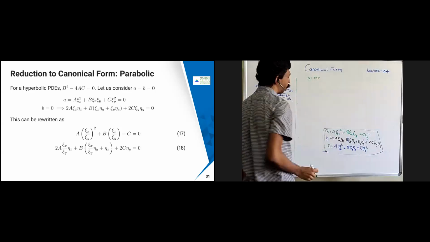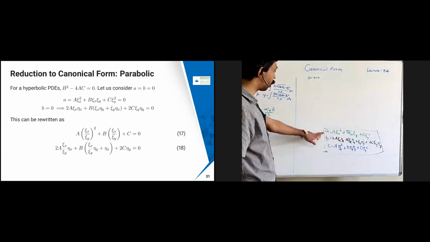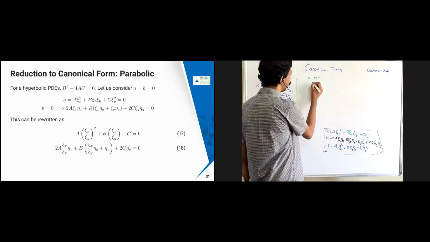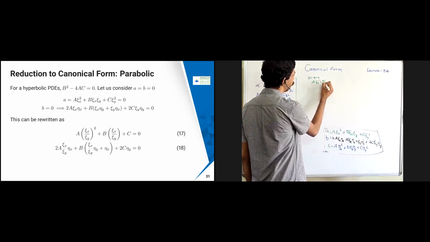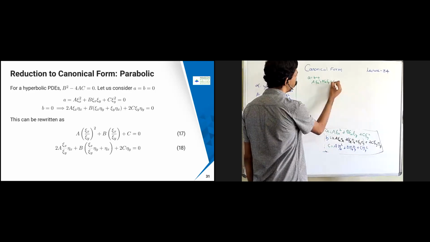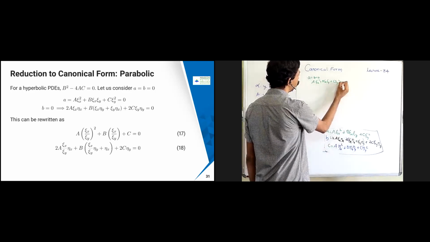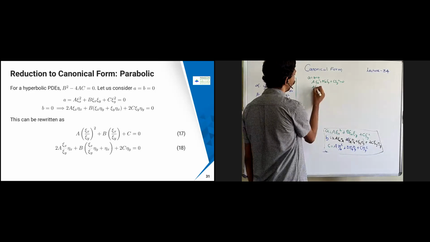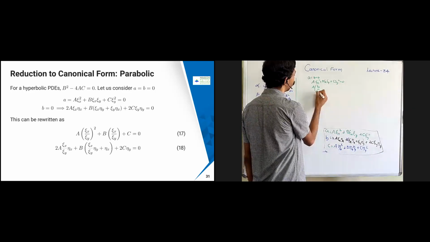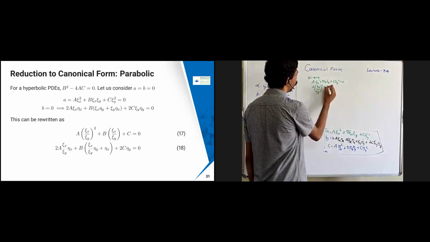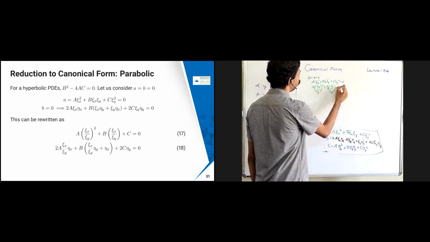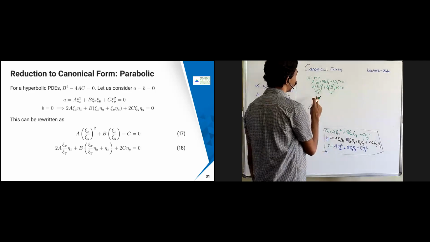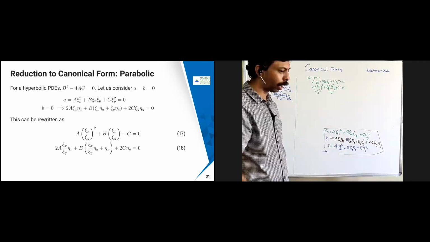So in this case, I am going to take first this equation: a into chi x square plus b into chi x chi y plus c into chi y square equal to 0. Therefore this I can rewrite as a (chi x by chi y) whole square plus b into chi x by chi y plus c equal to 0. Once again I am going to use the same kind of logic we used earlier.